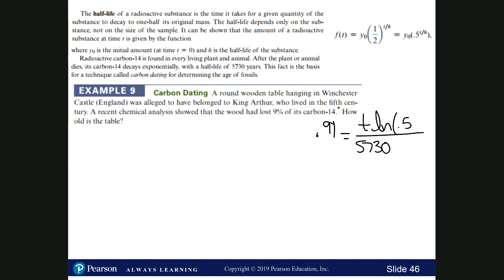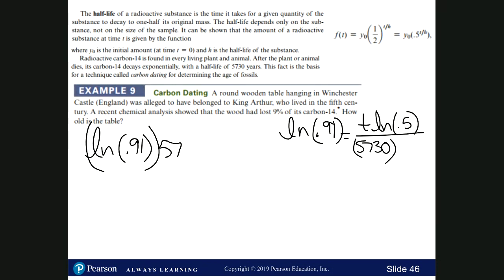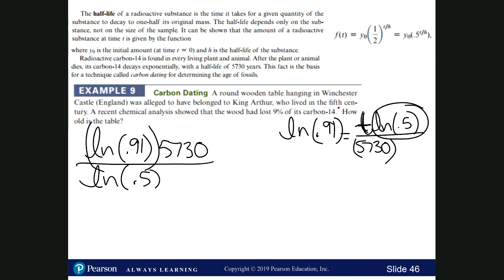What I was saying was this is dividing, so I can take it across and now it will be multiplying. The natural log of 0.5 is multiplying the t, so if I take it across, it's going to be dividing. And that's what gives us the answer for t.